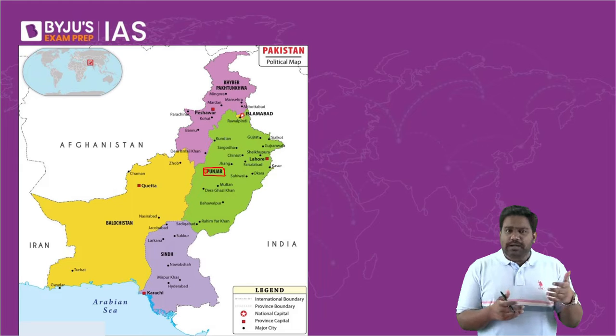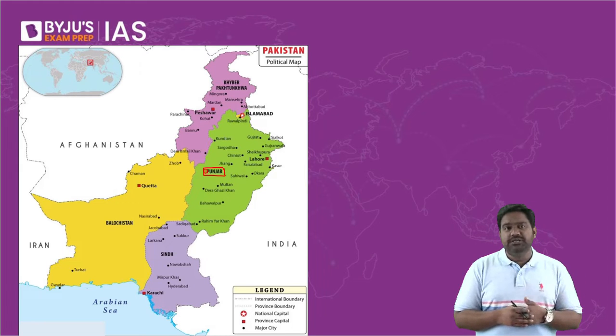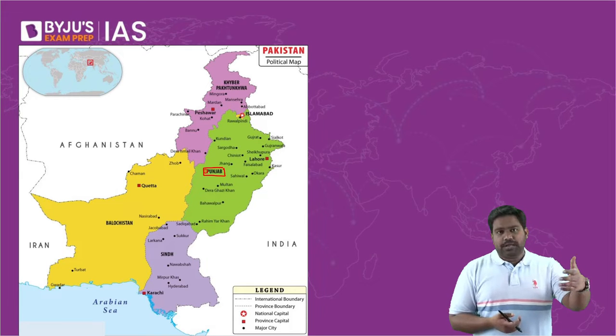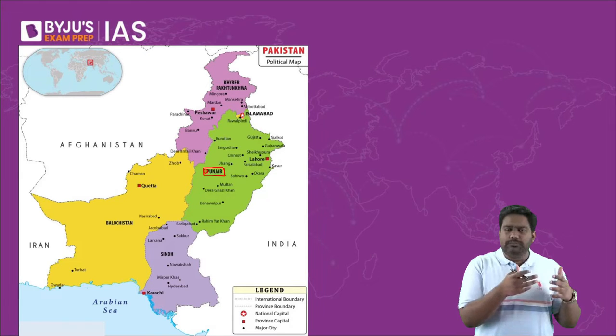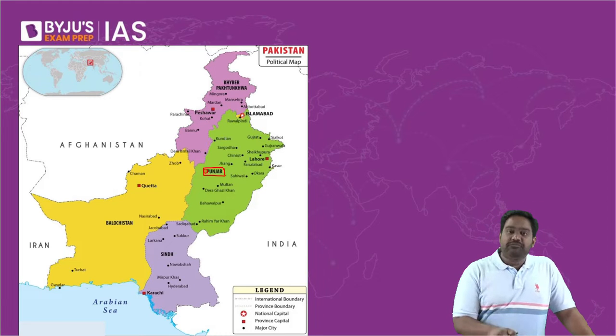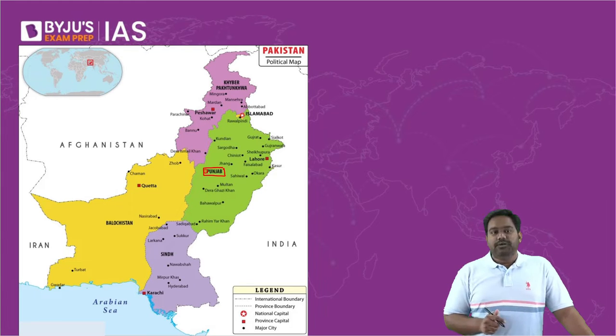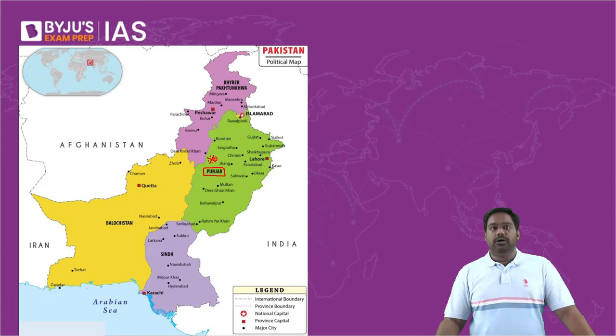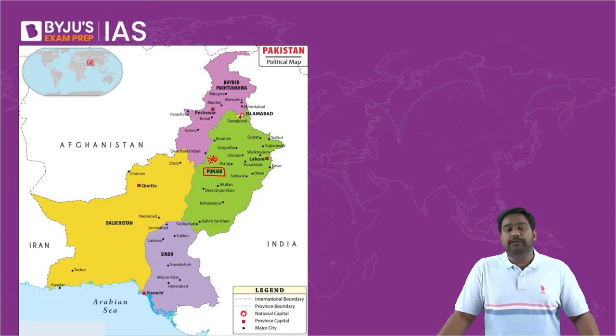So if you look at the Pakistani army, the top army generals, the army chiefs, the top ISI officials, even the prime ministers, presidents, and all the top ministers and top political leaders, majority of them have come from the Punjab region. So this makes the Punjab region the most dominant amongst all the provinces of Pakistan.